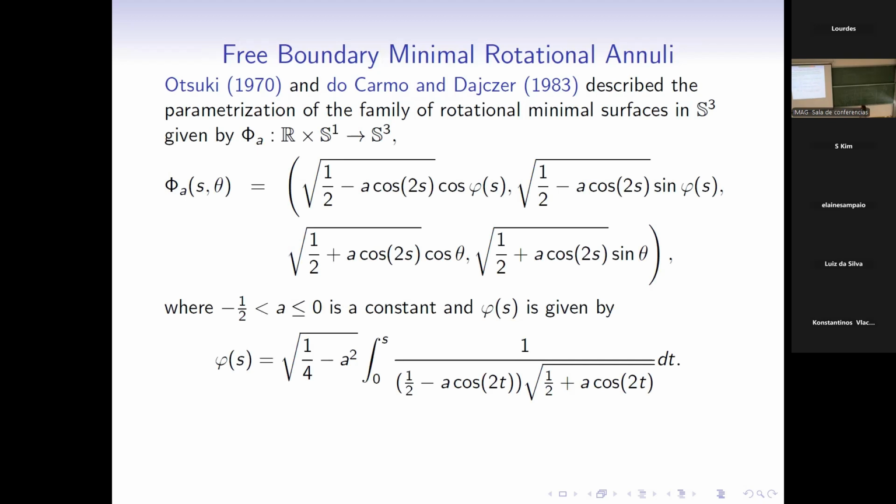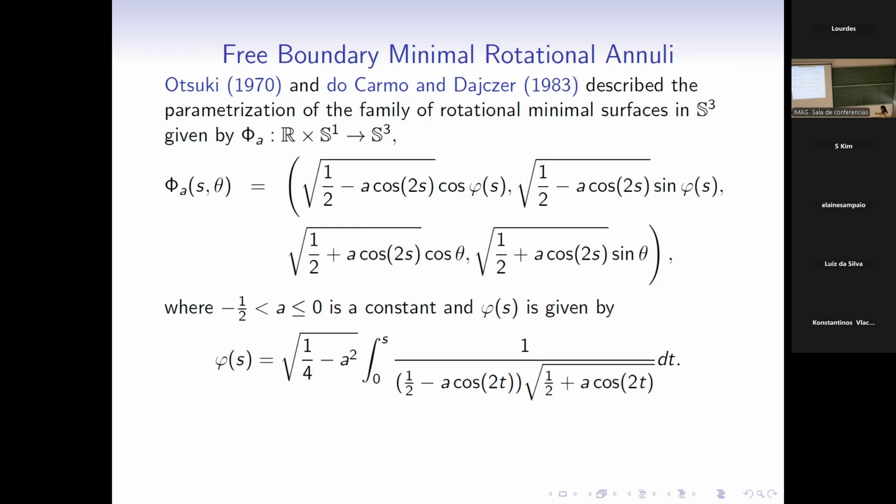So for example, this one is the parameterization for minimal rotational surfaces in the sphere. Let me mention that Otsuki did the minimal case, and then Barbosa, do Carmo and Dajczer did the general CMC case. This parameterization here is the one that you can find in Barbosa, do Carmo and Dajczer. Otsuki had a different point of view, and his parameterization we found harder to deal with. So in our paper, we worked with this parameterization.